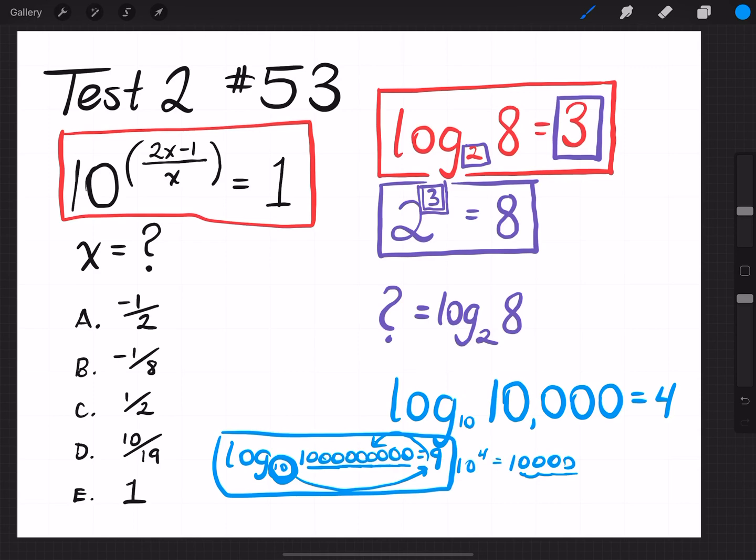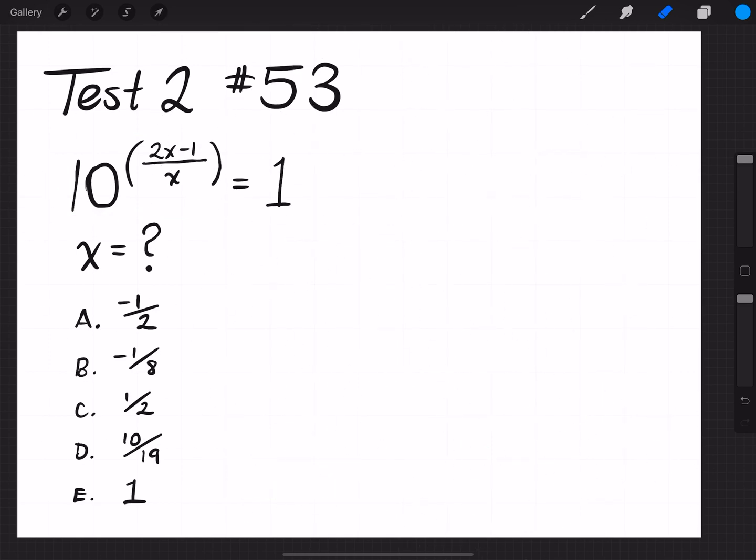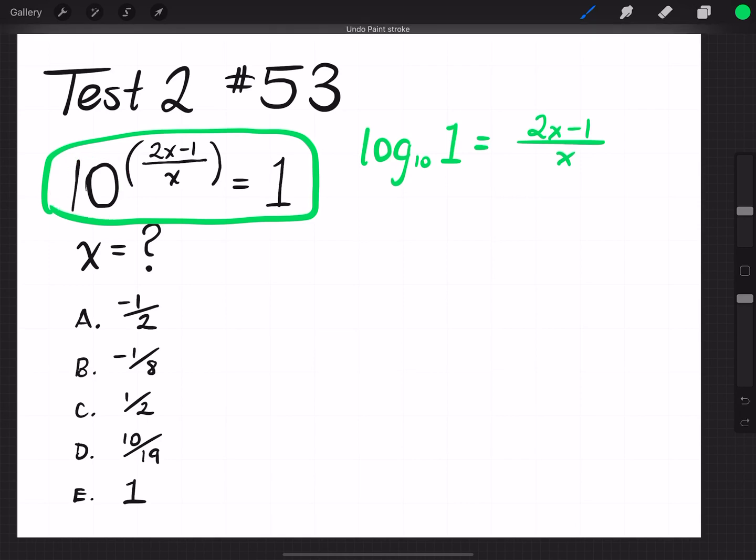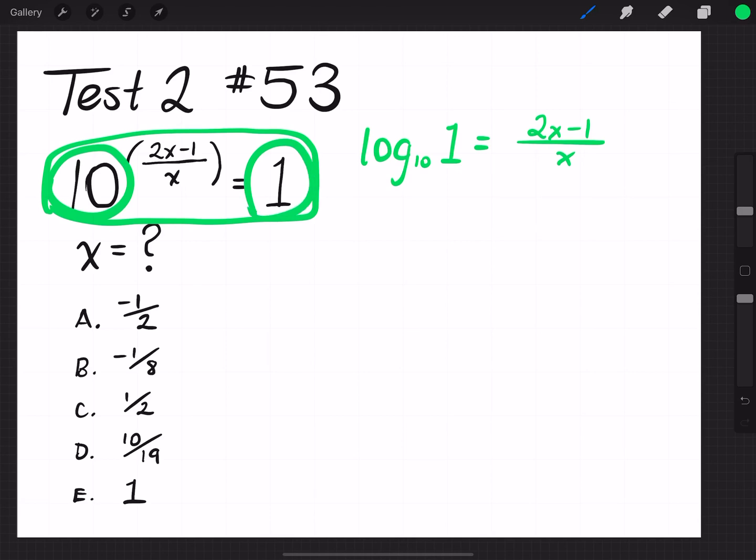Okay, so if you want to use that, what you can do is think of this problem as log base 10 of (2x minus 1 over x) equals... the log base this of this equals this.